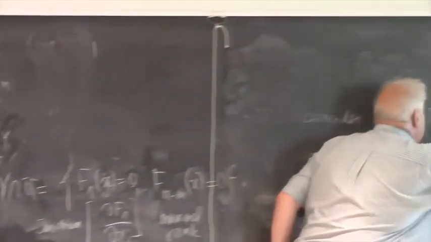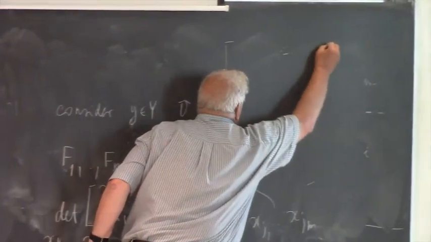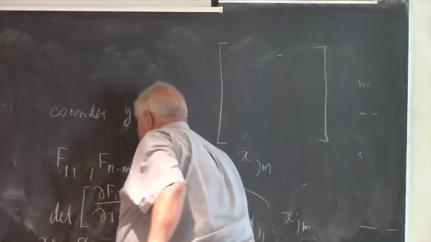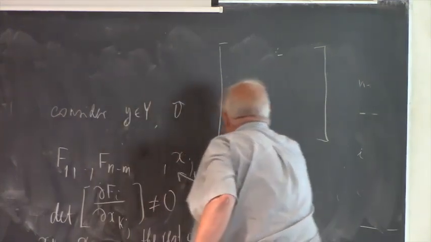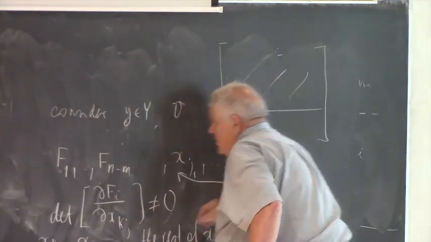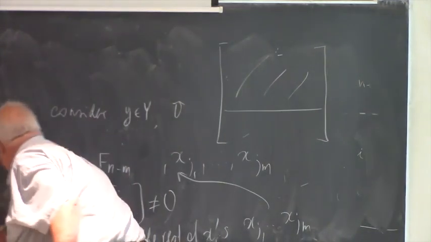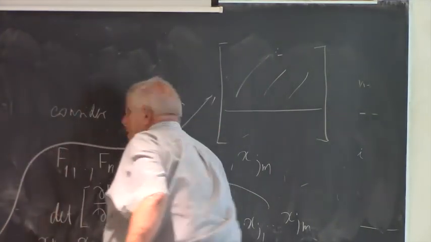The Jacobian has the following form. Jacobian with respect to the x's. First, this matrix is here, right?